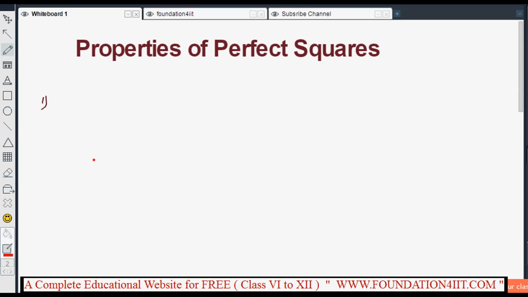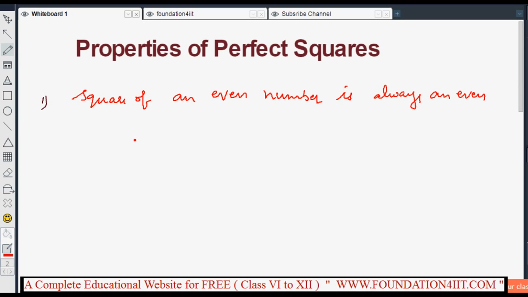The first property is: the square of an even number is always an even number. Any even number you take and square, again you will get an even number only.